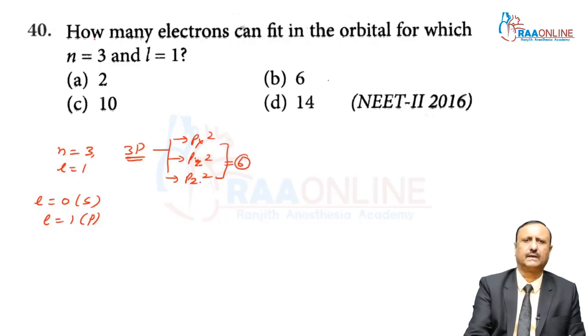But how many electrons can fit in one orbital, that is, only one 3px or 3py or 3pz? So the answer given is 2, because you want one orbital.